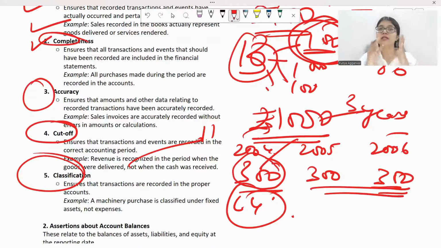So there is a risk that I might not classify correctly between current liabilities and non-current liabilities. Again, this won't lead to any material impact, the amount will remain the same. But the problem is, if I, as a stakeholder, am looking at the financial statements and I see that this company has a lot of current liability, oh my God, the company has recognized the full 1,000 in the current year.